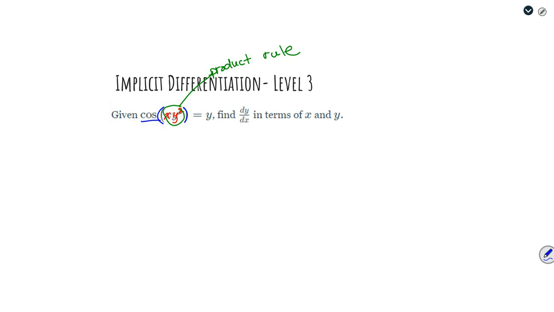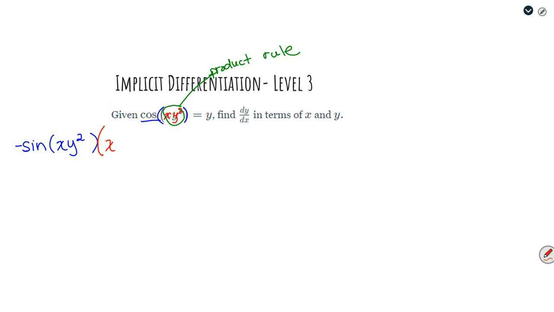Derivative of cosine is negative sine of the thing, and we just carry over the thing, times, now I need to apply the product rule for what's in here.